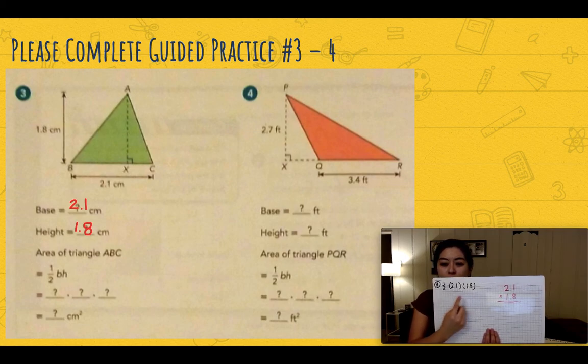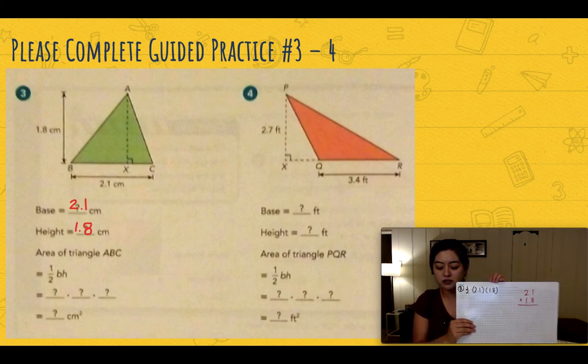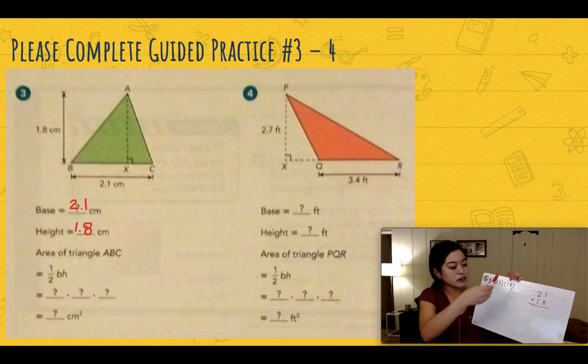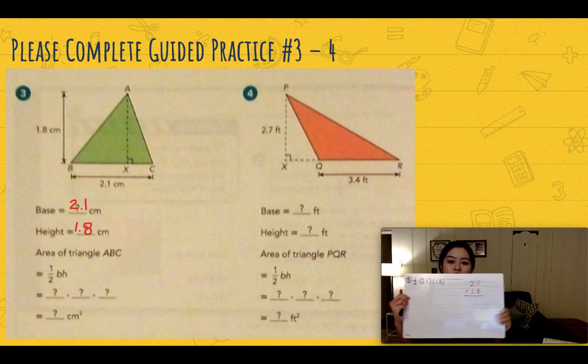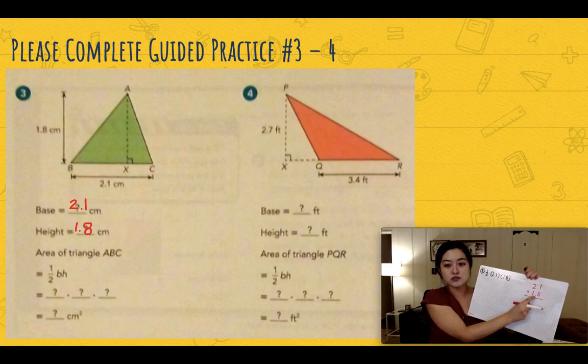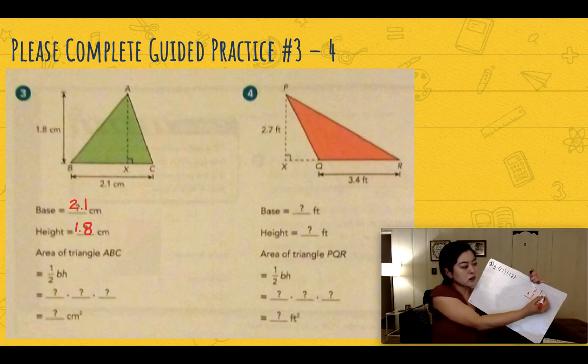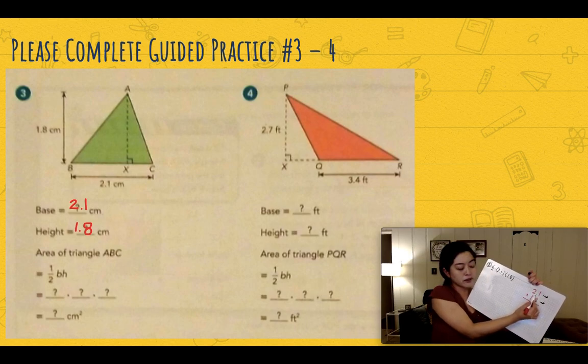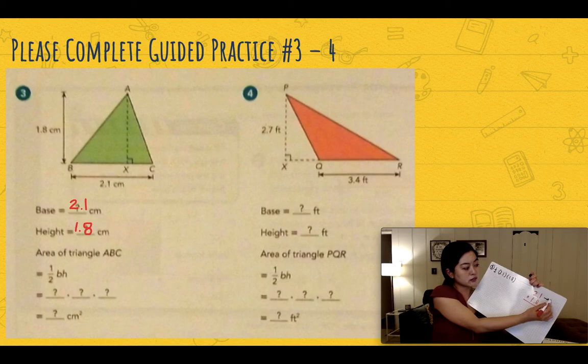So I'm going to do 2.1 times 1.8 first, just to see what I get. Notice that when I'm multiplying a decimal by a decimal, you can ignore the decimals for now, but you have to remember how many numbers come after the decimal point. In here, there's one number that comes after the decimal point.